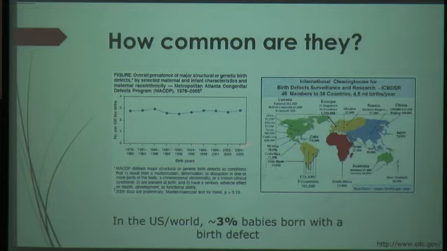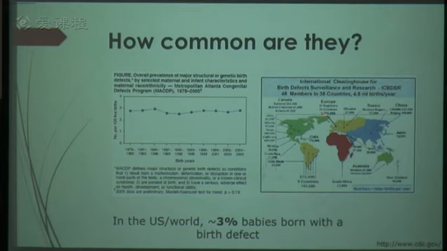For example, to the left of here, this is a graph showing the birth defect rate across each year for the U.S., I believe. And to the right here, it's actually an international survey which studies the birth defects happening across the world.